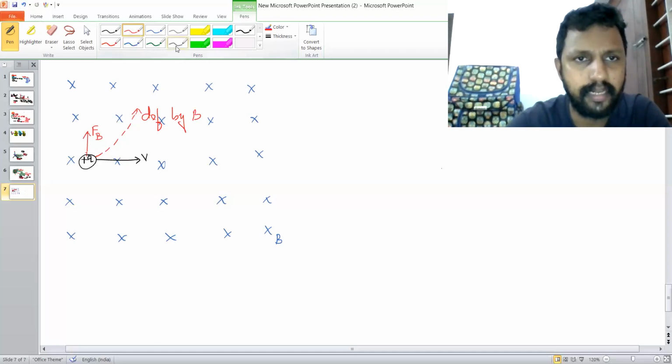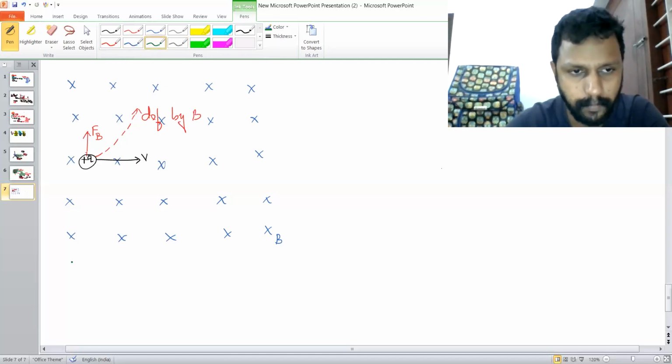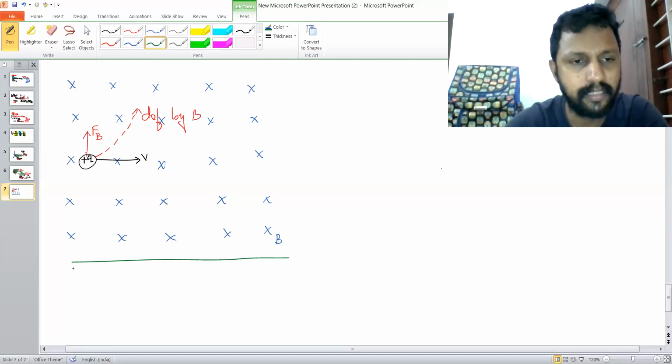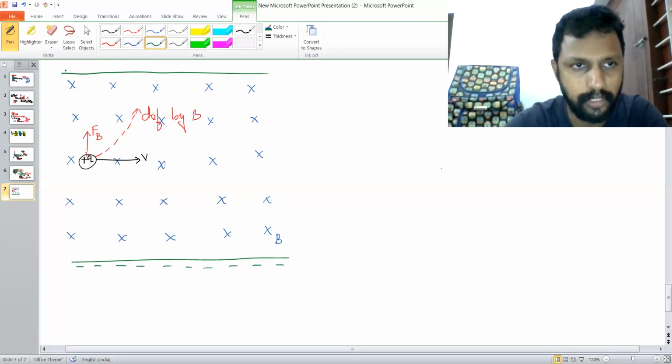For creating an electric field, let me place a charged sheet over here. Let this be a negatively charged sheet. We are placing a negative charge sheet over here and a positive charge sheet over here.